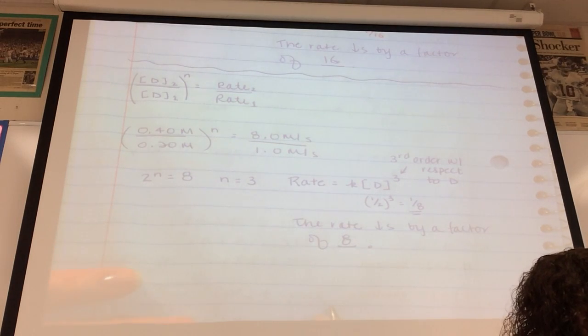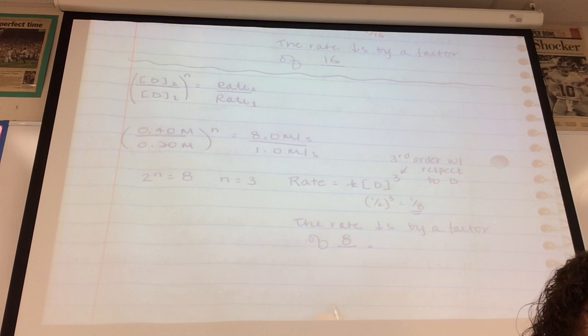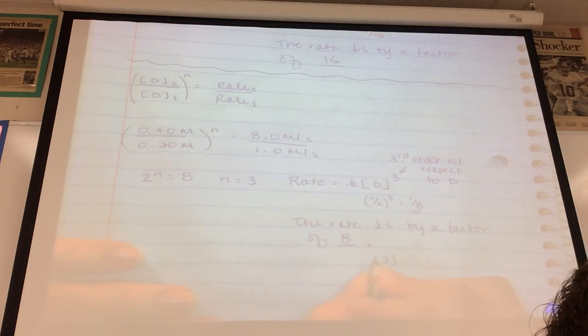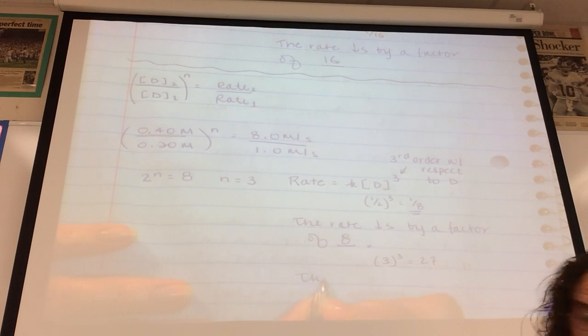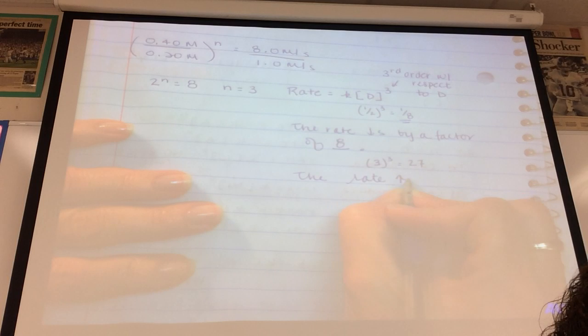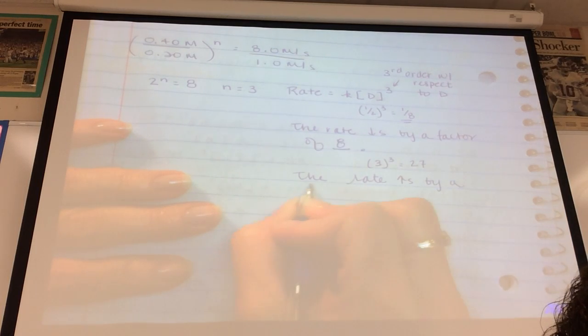The other thing says if the concentration of D is tripled, so it would have put a 3 in to the third power. 3 to the third is 27. So we're going to say that the rate increases by a factor of 27.